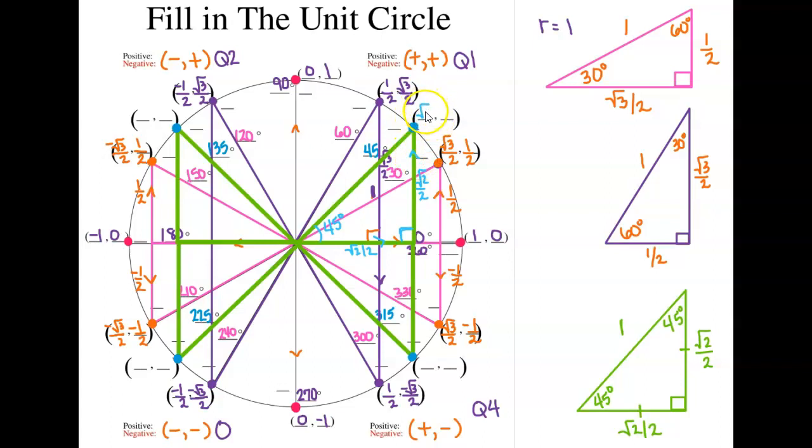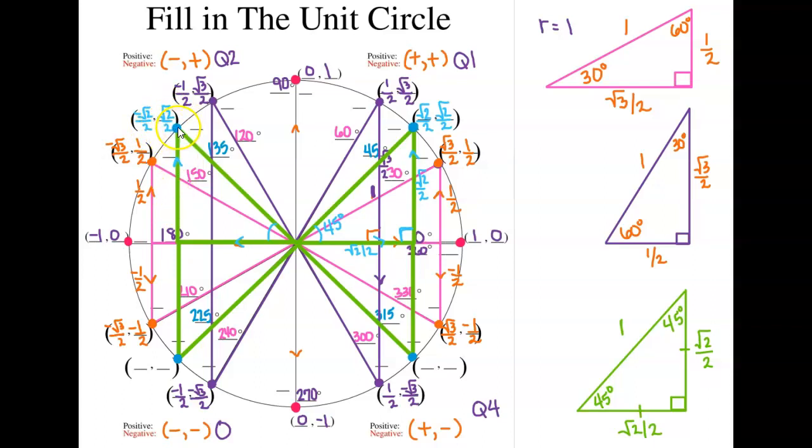So this coordinate will be root 2 over 2, comma, root 2 over 2. And if we rotate that to be over here into quadrant 2, the only thing that's going to change, because again, this is 45 degrees, is that we are going to the left, root 2 over 2. So this will be negative root 2 divided by 2, comma, positive root 2 divided by 2.